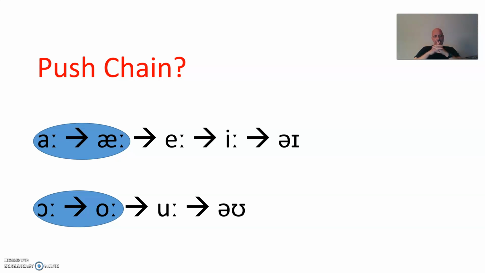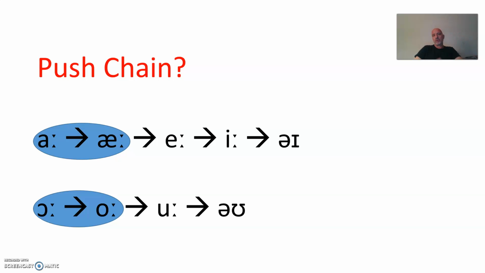The question is, is it a pull or a push chain or whatever it is? A push chain would be if, for example, A is changed into another vowel, and then the other vowels are pushed away, because the system has to remain stable. Therefore if you change one sound, you have to change the next one as well, and the next one as well. The question is, where did it start?